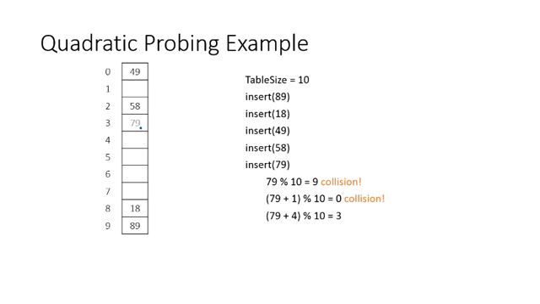I will write it like this so that you will understand: this is h of 79 plus 1 square, and this is h of 79 plus 2 square. So this equals 9 plus 1, and this equals 9 plus 4, which is 13 mod 10. The mod operation is performed.